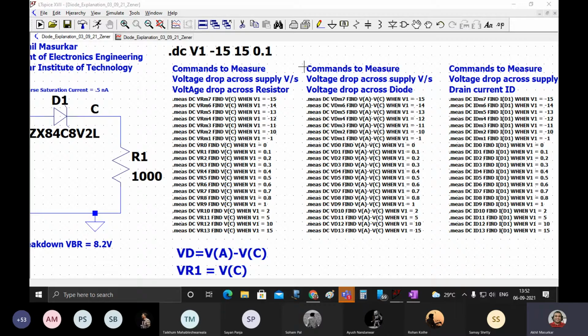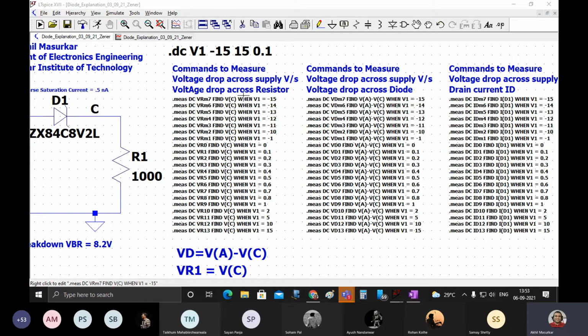The span of the sweep is 30 volts and the increment value is 0.1. So if you divide 30 by 0.1, you will get 300. 30 divided by 0.1 is how much? 300, plus 1, because we have to consider the end values also.